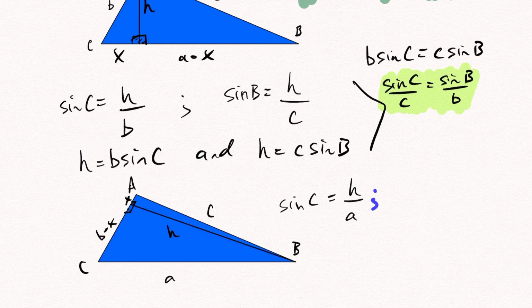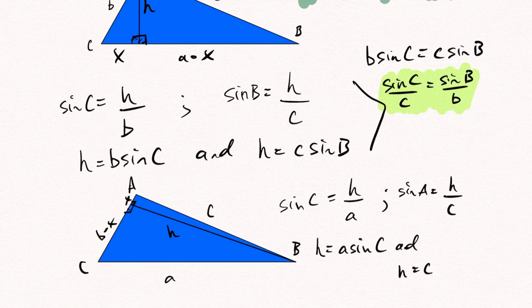And likewise, I also know the sine of A, referencing this angle here, is equal to my opposite, which is h, over my hypotenuse, which is c. So this implies that h is a sine C, and similarly, h is c sine A.